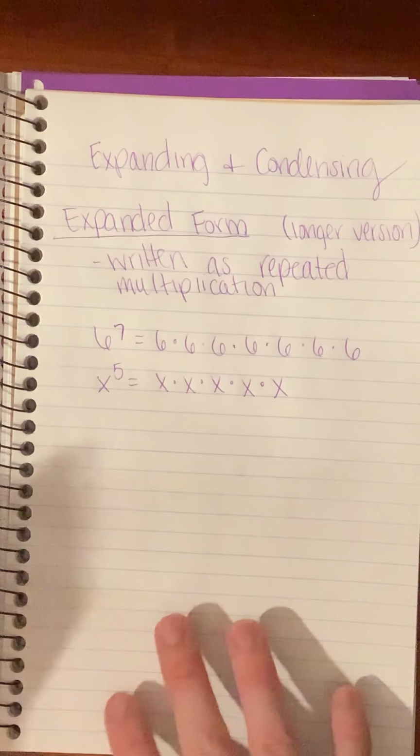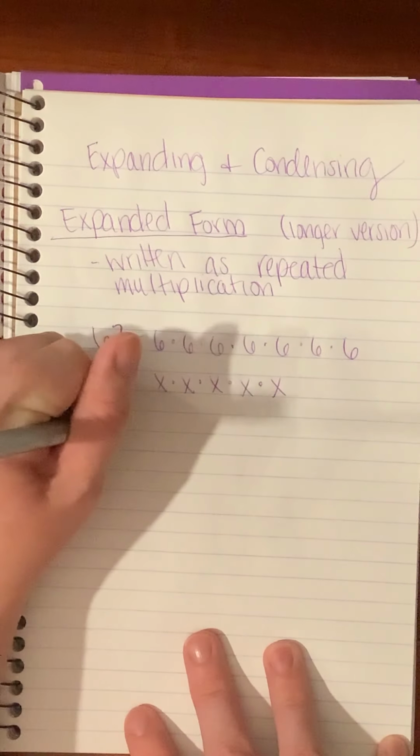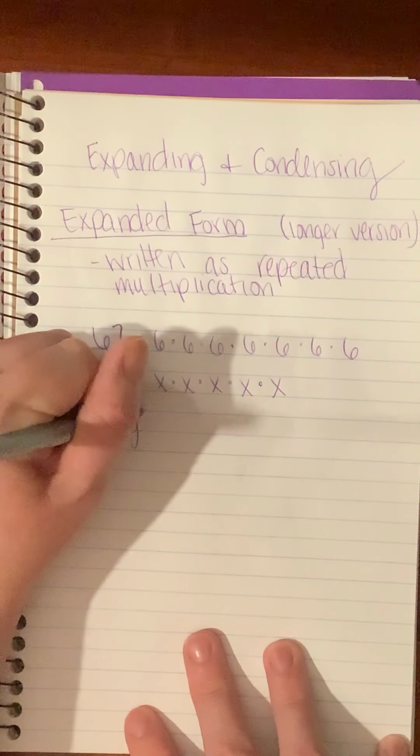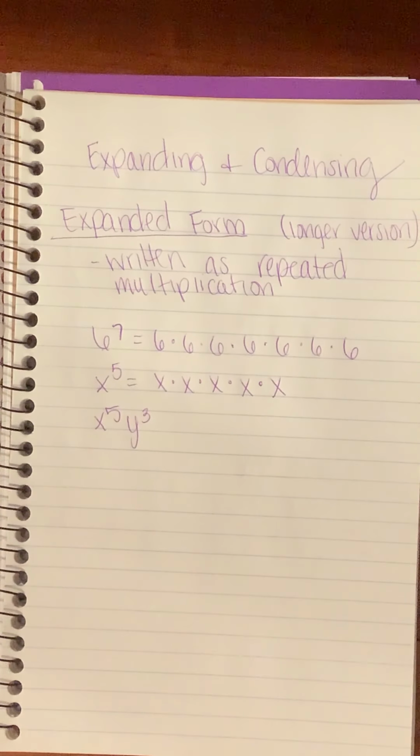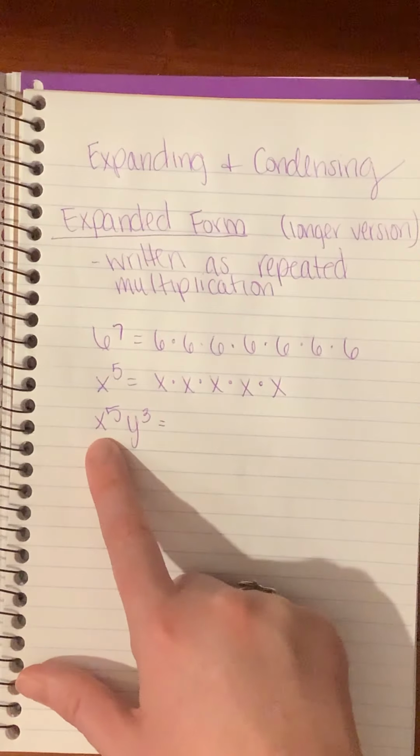You may also see something with 2 exponents. So in this new example that I've written, and my 5 looks kind of funky, hopefully your 5 looks better, but I have x to the 5th power and y to the 3rd. Okay, well, I'll start with my first base, x.